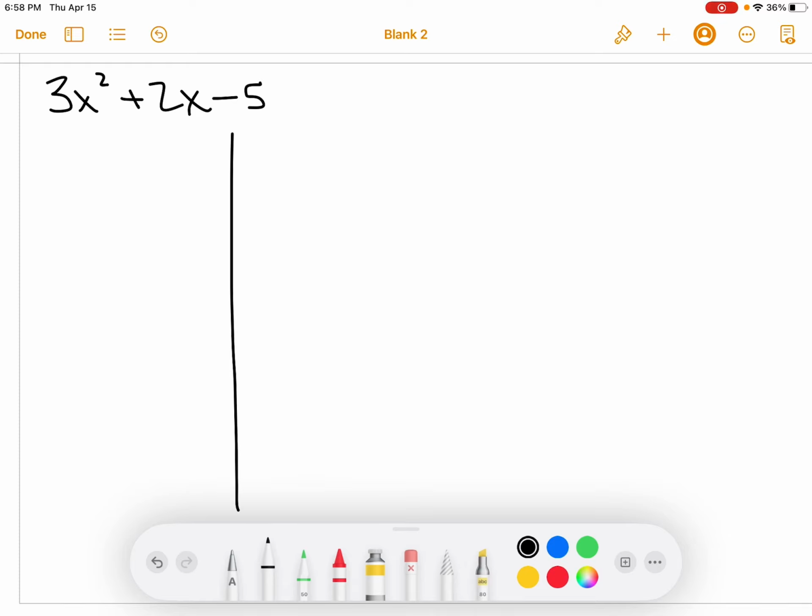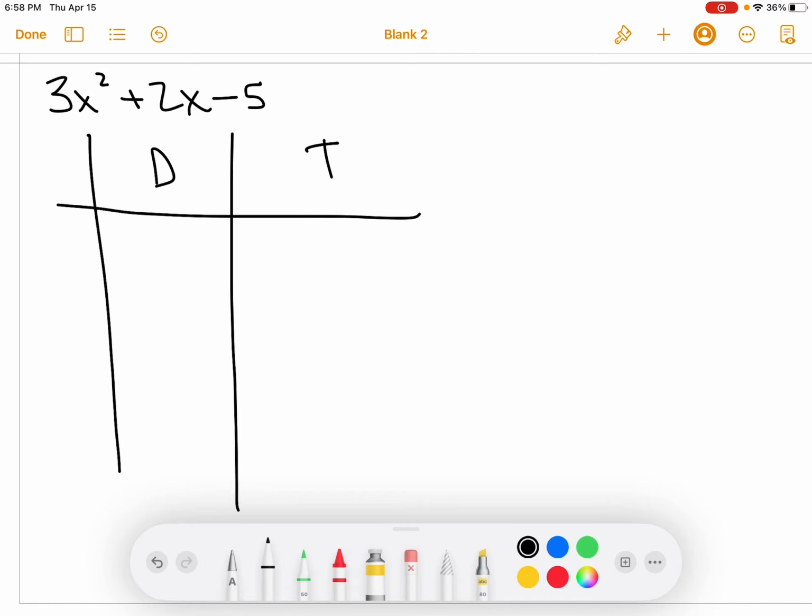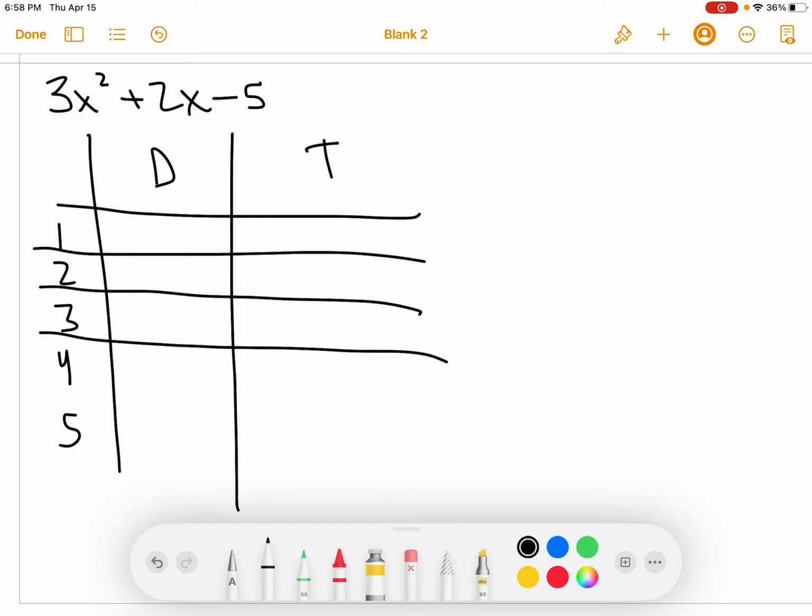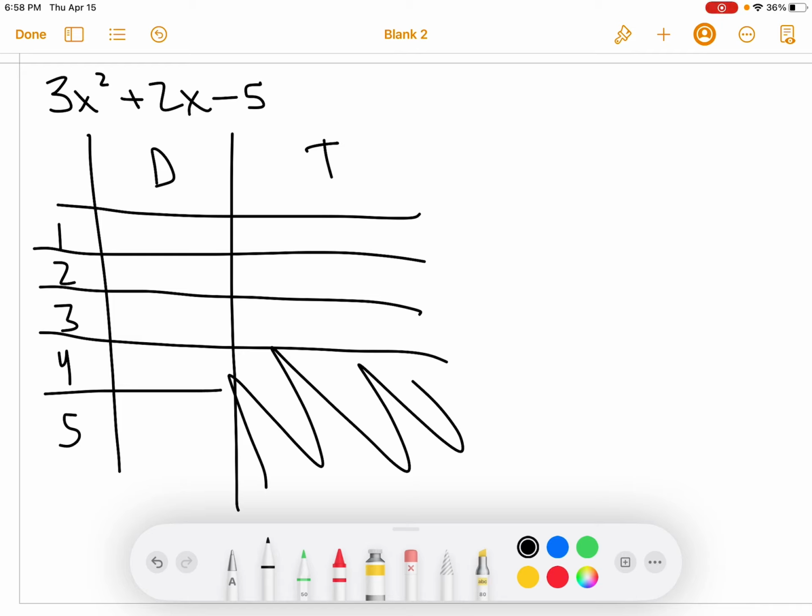So let's look at this. We have a degree and a number of terms. If the degree is 1, it's linear. We already looked at that before.